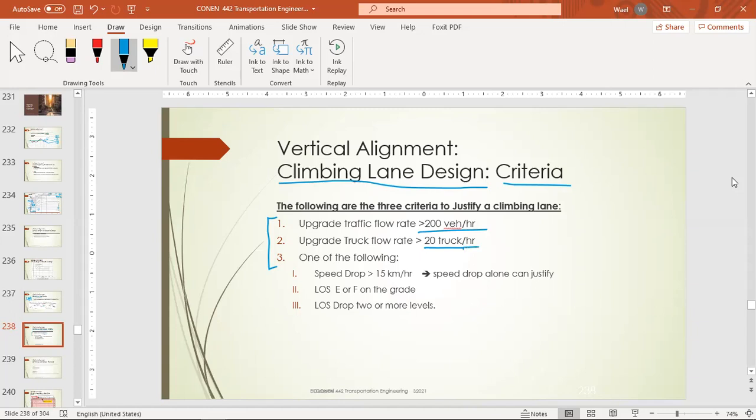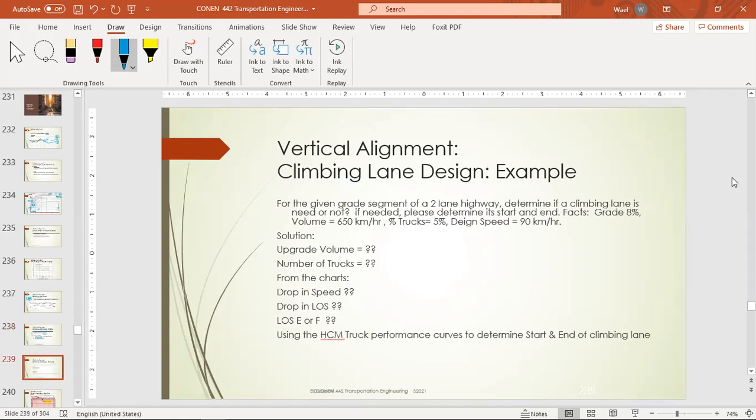Then one of the following conditions applies: the speed drop is 15 kilometers per hour or greater, there is a drop in the level of service from E to F, or the level of service drop is 2 levels or more. So if any of these conditions applies, then at this point we must add a climbing lane.